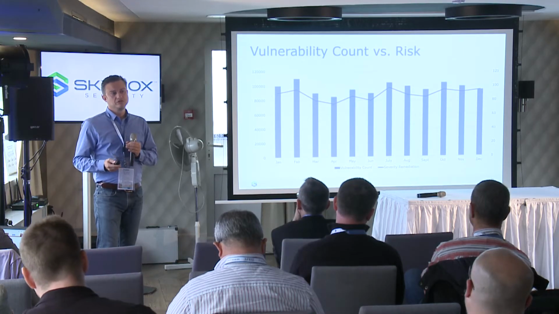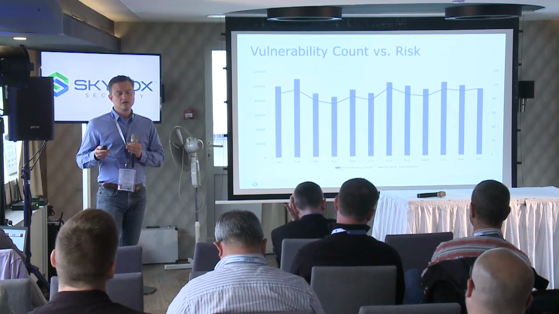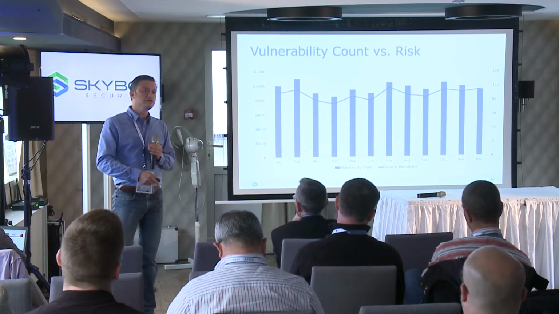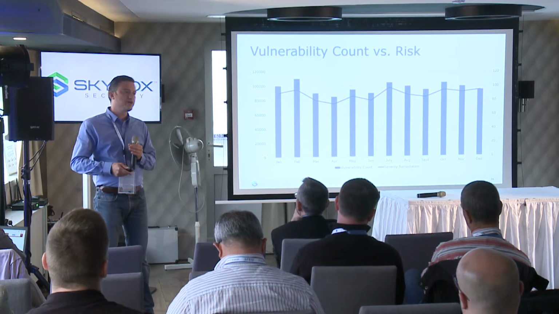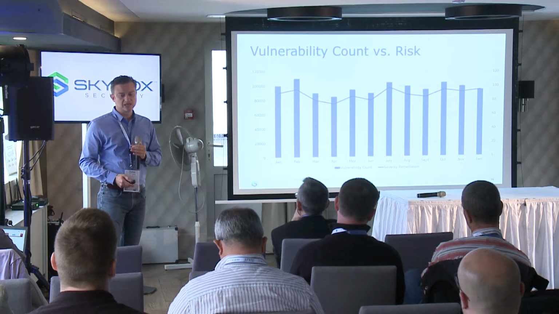So we have vulnerability count, we're doing patching, we're doing remediation, but risk is not going down. Why? Because we really don't know which vulnerability is creating a lot of risk for our organization. So we're patching everything, trying to hit all of them, and of course we have no time and we miss a couple, so the risk is still in the same place.